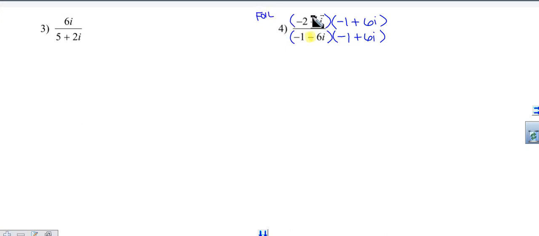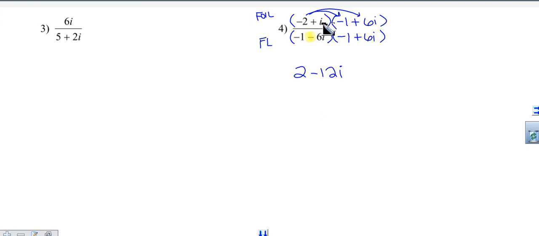I will do a full double distribution. But in the denominator, I will shortcut since these are conjugates and I will only multiply the first and the last. So on top, let's take the negative 2 and distribute it to both terms in the second parentheses. That's going to give me 2 minus 12i.